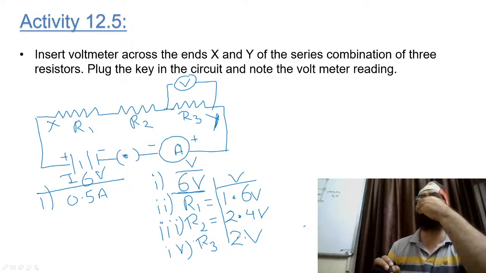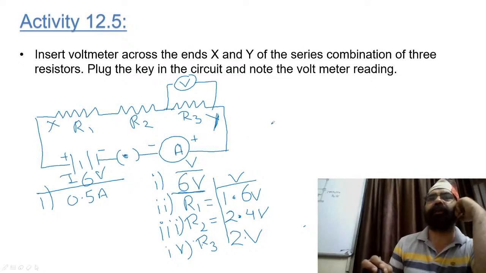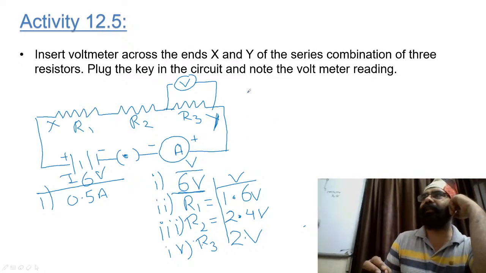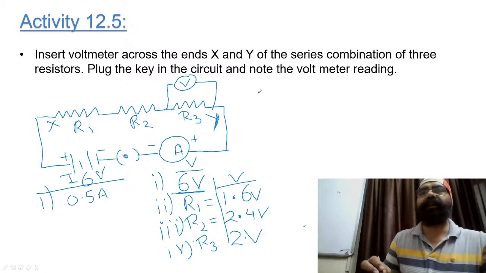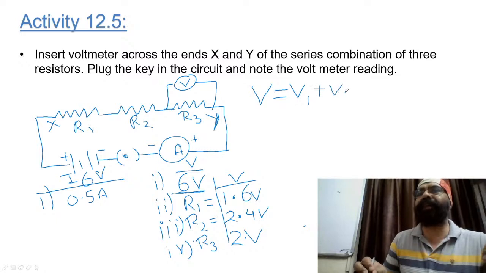Very nice. Now Priya has given us the answer. Priya says that very nice, correct answer. Which means that the potential difference across the whole circuit is equal to the potential difference across each of the resistors.